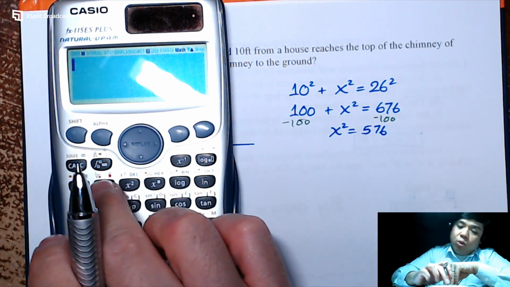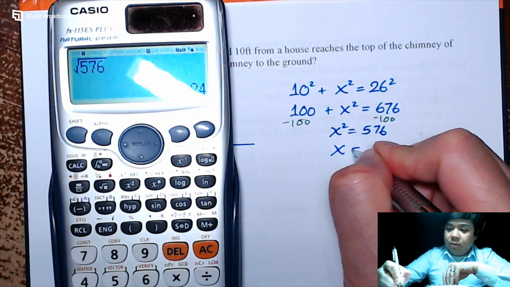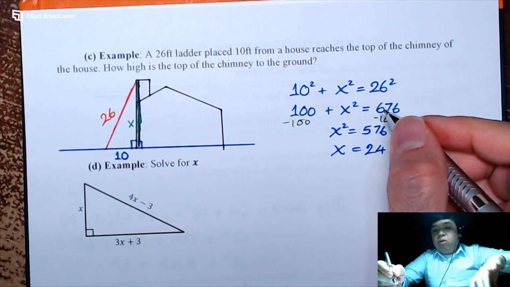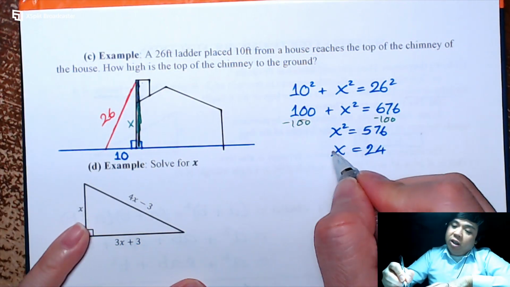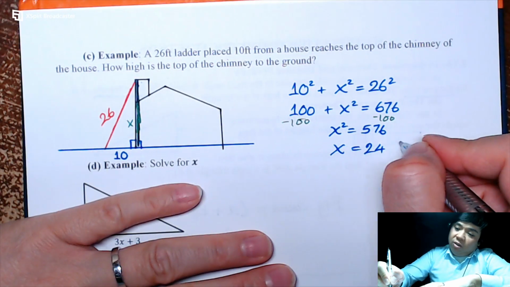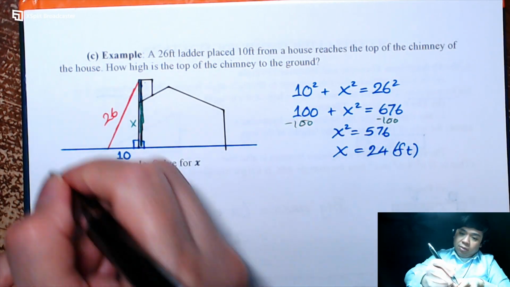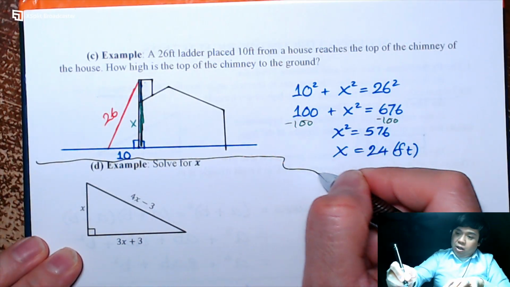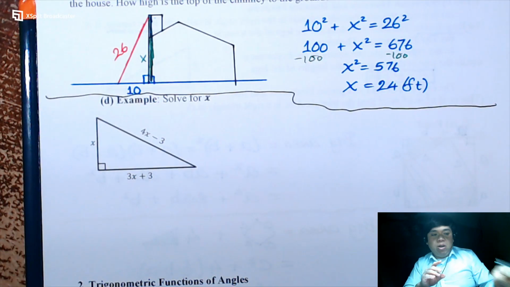And the square root of 576 is 24. So the height from the top of the chimney to the ground is 24. The unit is feet. So that's the Pythagorean theorem for a right triangle.